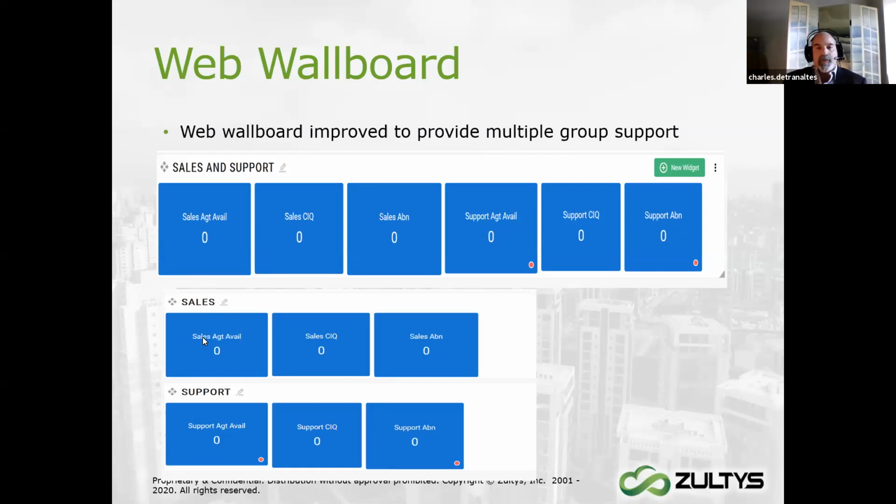Or it's flexible enough that if you want to create multiple lines, multiple blocks, we use a wireframe type interface where you can snap all the large character windows into any position on the web page that you want. This is very important because now you're allowed to view multiple groups on a single web page.